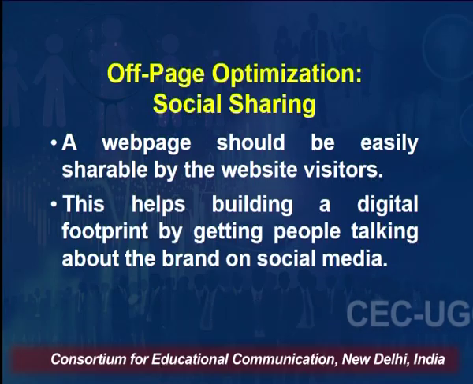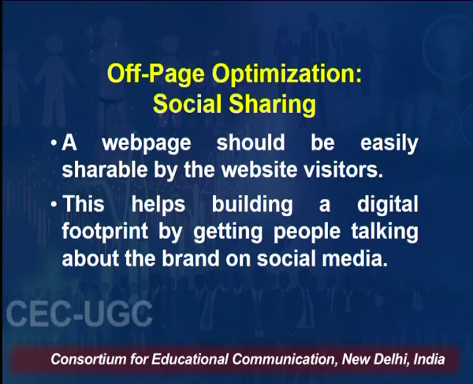So this helps in building a digital footprint by getting people talking about the brand on social media. Now we find, students, that these days social media has become very popular, and therefore it is almost indispensable when it comes to search engine optimization. Search engines usually consider social media signals like your likes and sharing, retweeting, reposting as the feedback which is coming from the user.